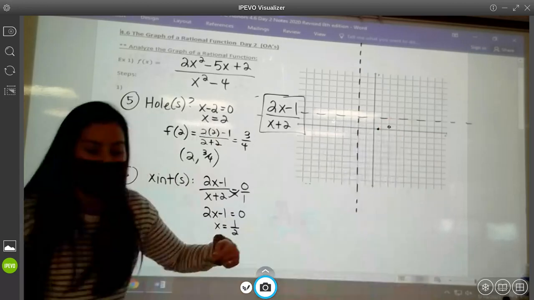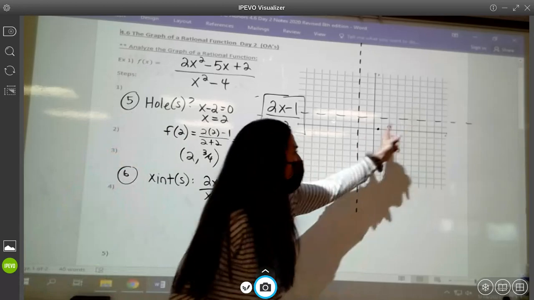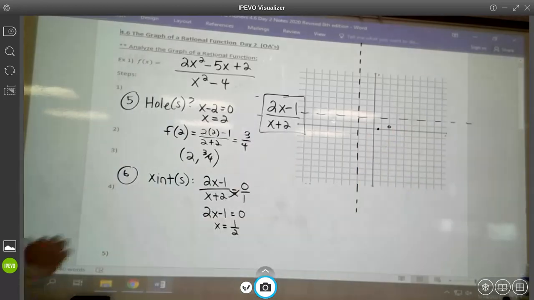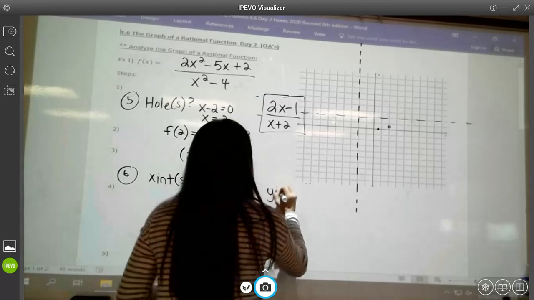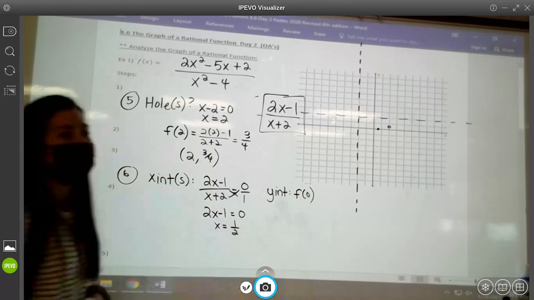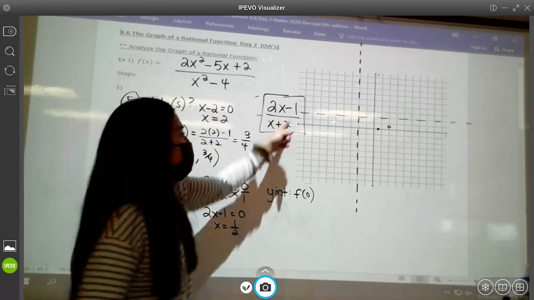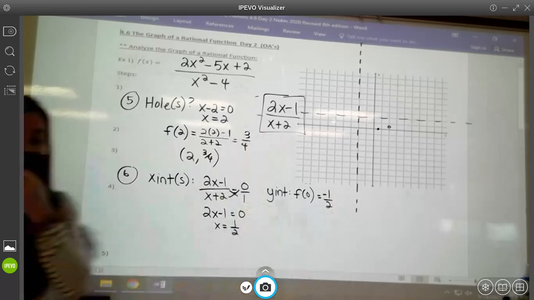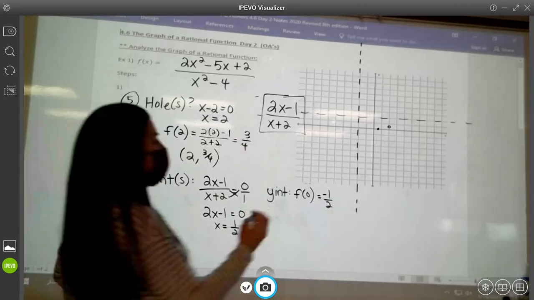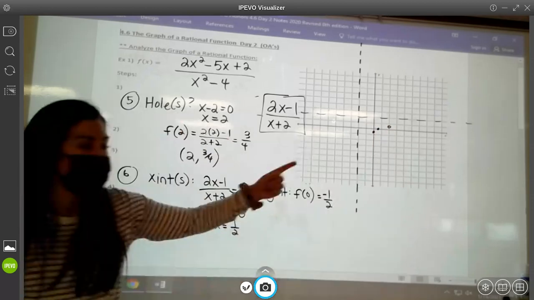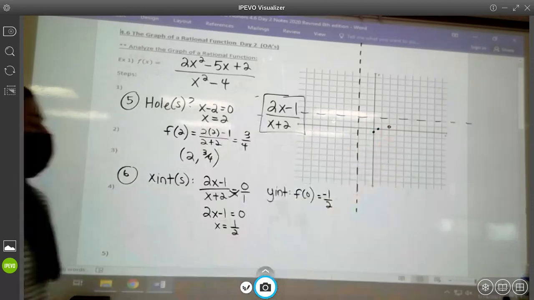So again, it's just further showing there is a curve happening in this bottom right box. All right, let's get the y-intercept. Plug in 0, see what comes out. I plug 0 in, I'm getting -1/2. So now I know my y-intercept is -1/2. So again, there's a curve happening right there.